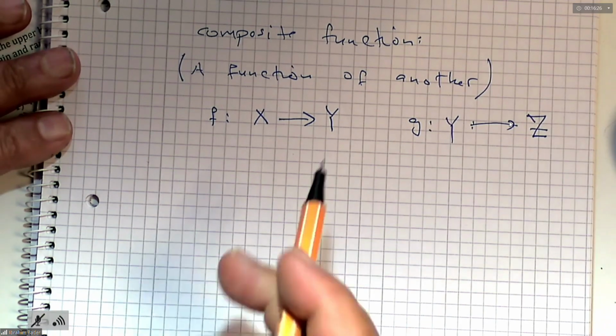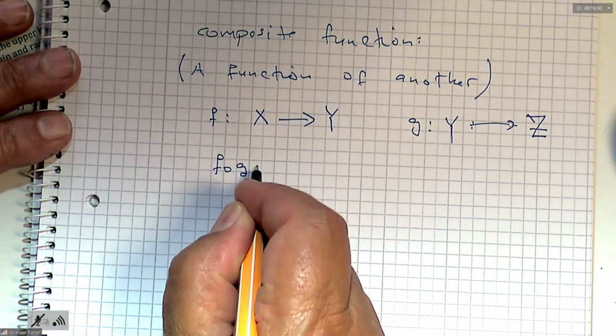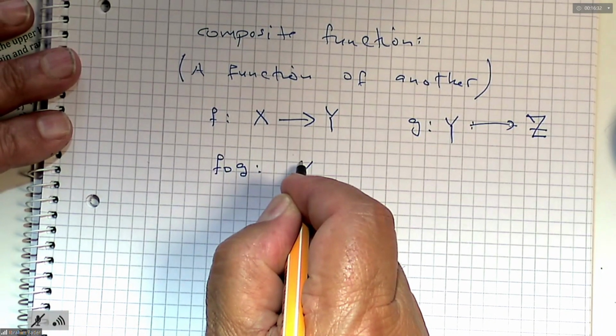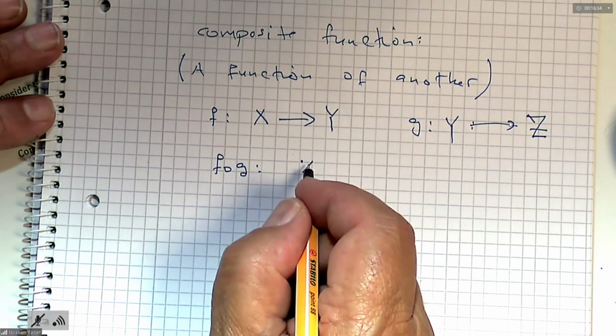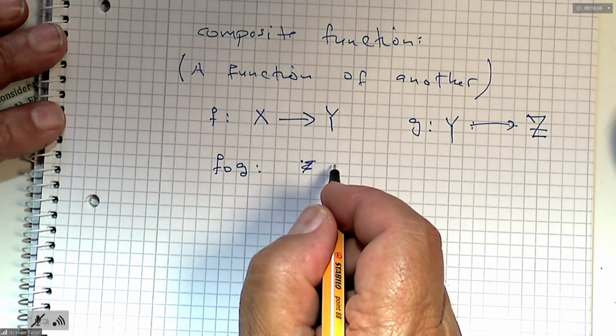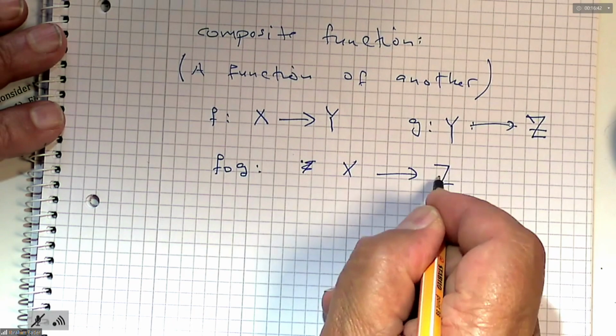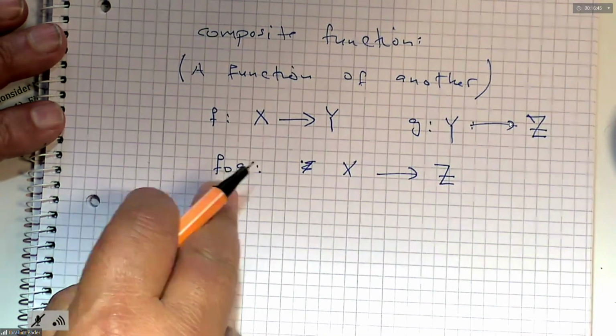Okay, and now f composite g is a function that goes from x up to z. So here you would plug in f of g of x.